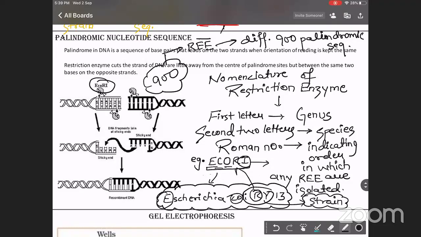So according to that, we can say that yes, variation or diversity is possible. This is all about the restriction endonuclease enzyme. This much you have to understand today from the previous class, and we will continue this topic.